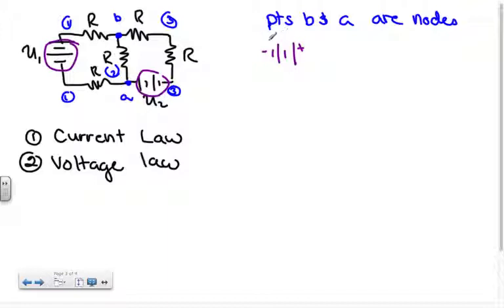Now, if your eye is going that way, from the negative to the positive, we define that to be positive potential. We define that to be a positive current. We're going to define it to be positive.